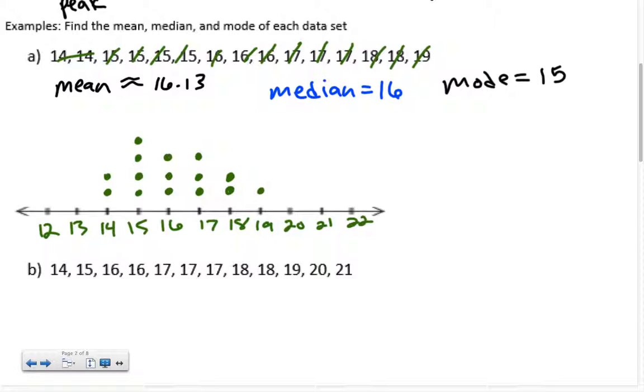Okay. So we're really not doing too much new material here. We are finding the mean, median, and mode, which should be reviewed from previous years. We're making a dot plot, which we did quite a bit last week.